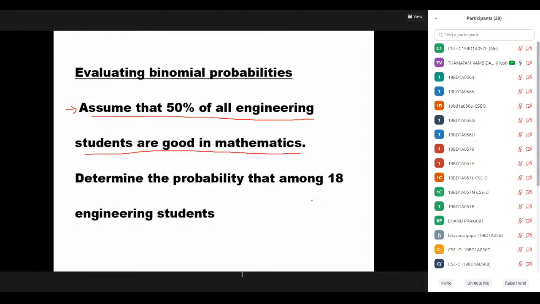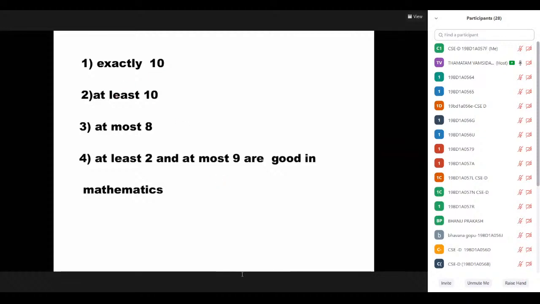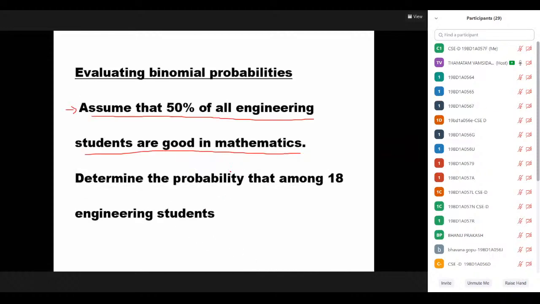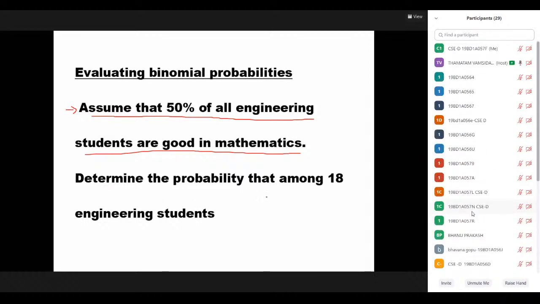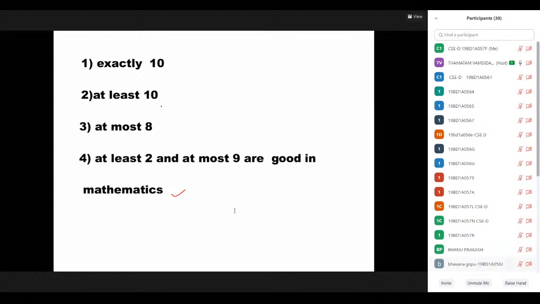Determine the probability that among 18 engineering students, exactly 10, at least 10, at most 8, and at least 2 and at most 9 are good in mathematics. Read this question once again.